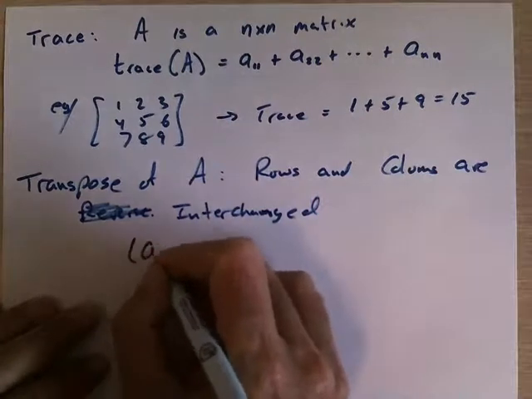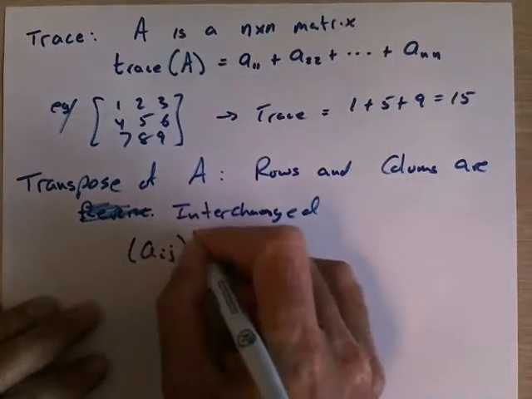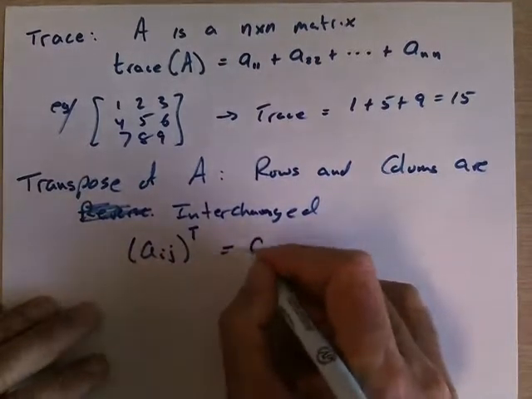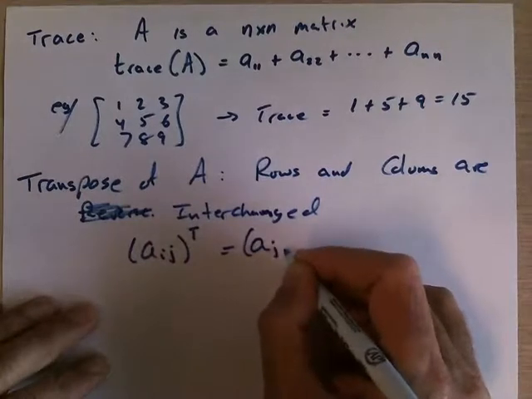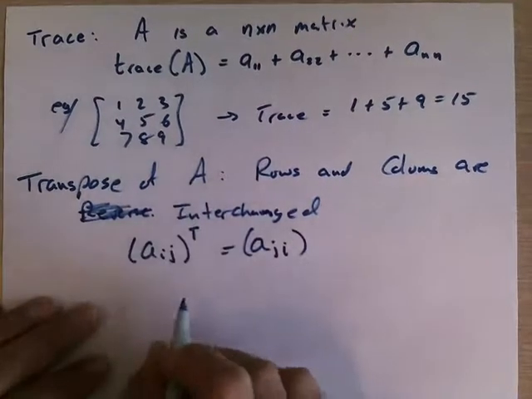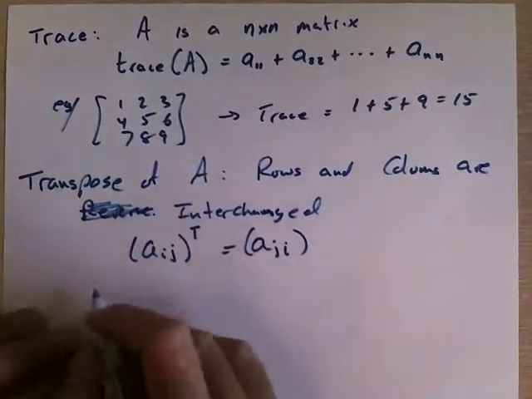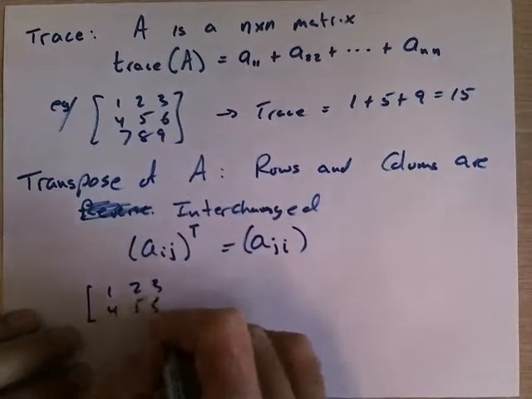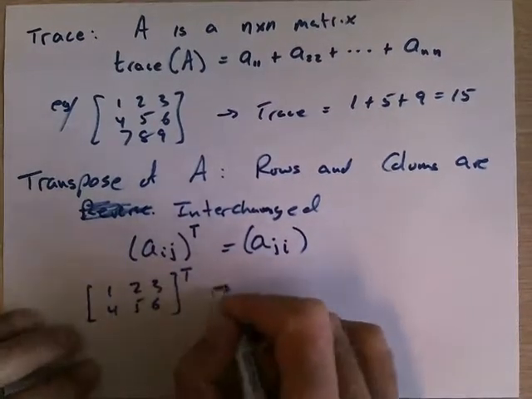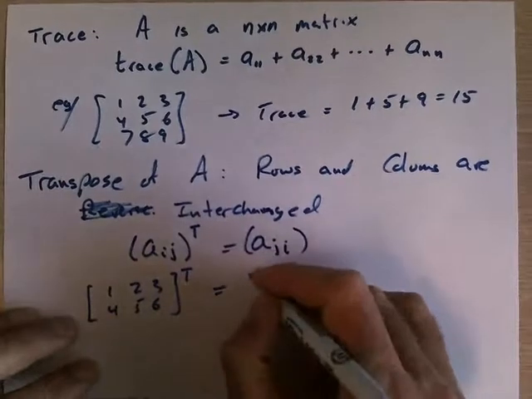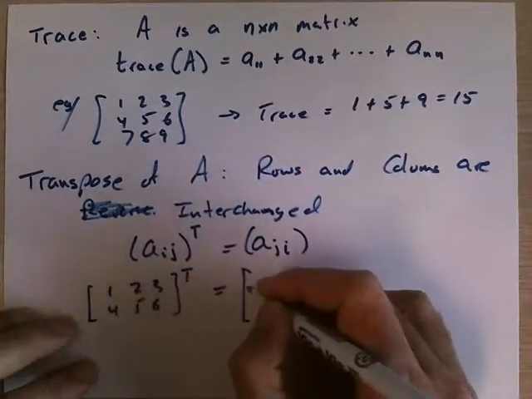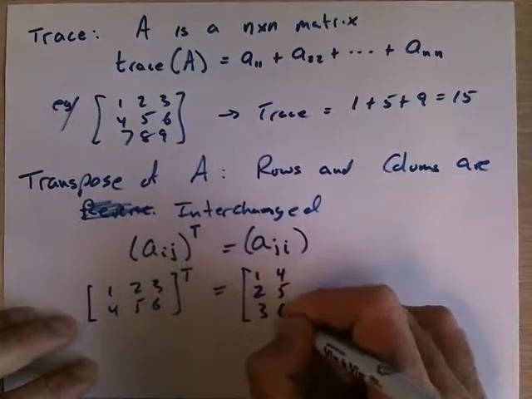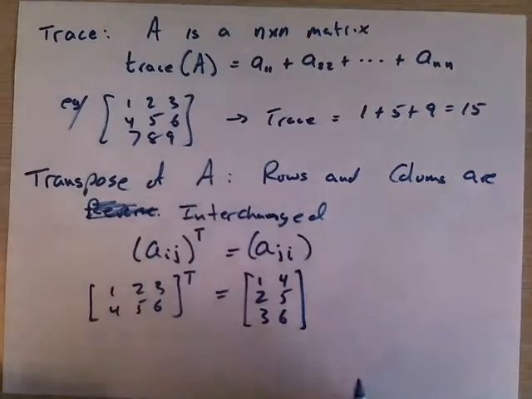Symbolically, I might say that Aij, and here's the notation, they use it kind of like an exponent, transpose, is equal to the matrix Aji. So what we've done is we've interchanged all the rows and columns. Looking at this from the point of view of, let's say, 1, 2, 3, 4, 5, 6, transpose that matrix, every row becomes a column and every column becomes a row. The first row becomes the first column, the second row becomes the second column. So that's what we mean by the transpose of a matrix. Okay.